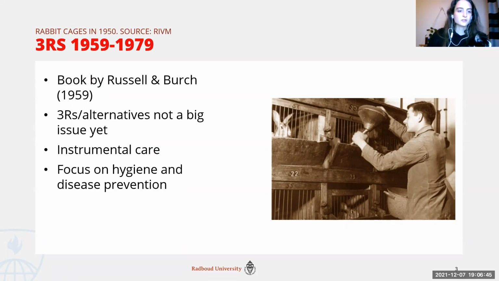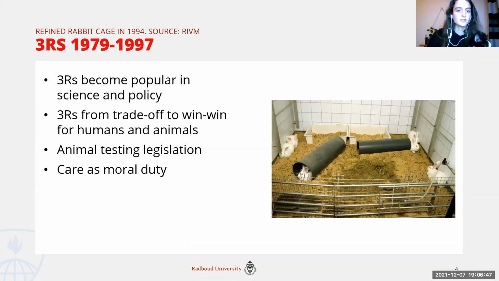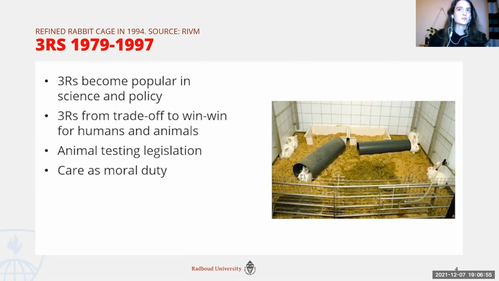This changes in the next period. The periodization is based on the Netherlands. It could be a bit different in different countries, but overall, I think you see a similar trend. And this is also reflected in the images that you see.